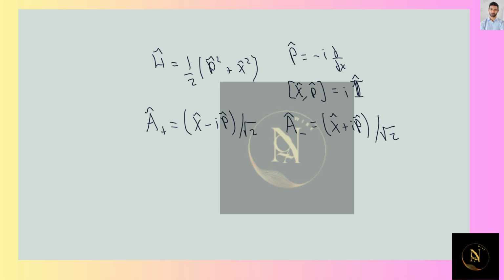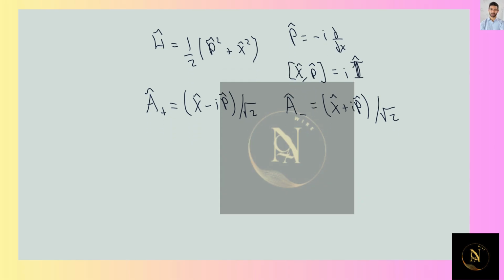So the first thing that we need to do is to show that the Hamiltonian is equal to a plus a minus plus 1/2 of the identity. I'm going to use the same notation as in your book.